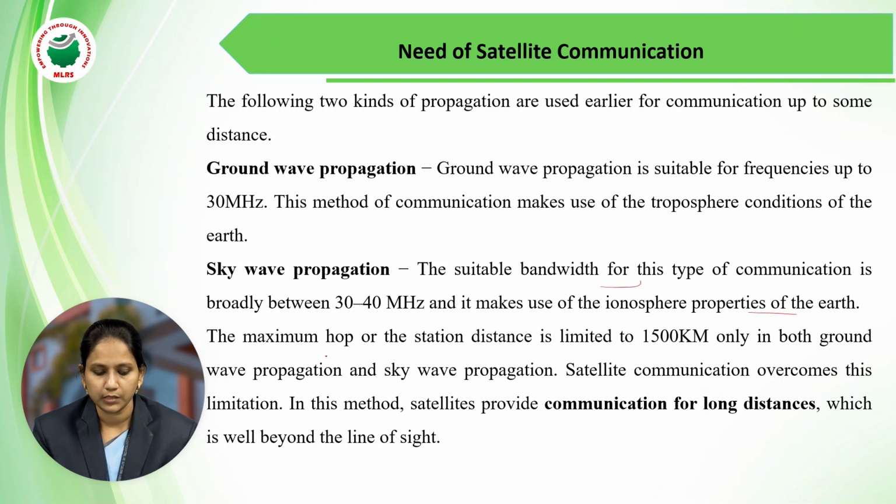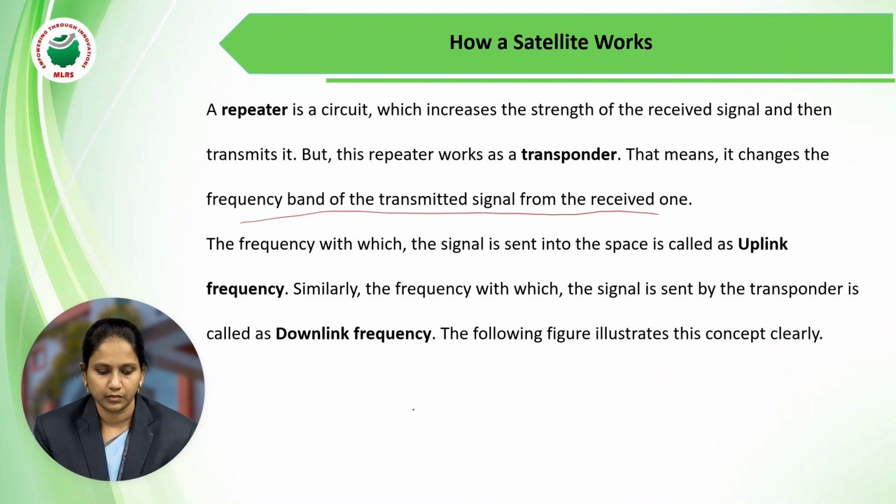The maximum distance is limited to 1500 kilometers in both ground wave and sky wave propagation. Satellite communication overcomes these limitations, and a satellite provides communication for long distances, even behind the line of sight.